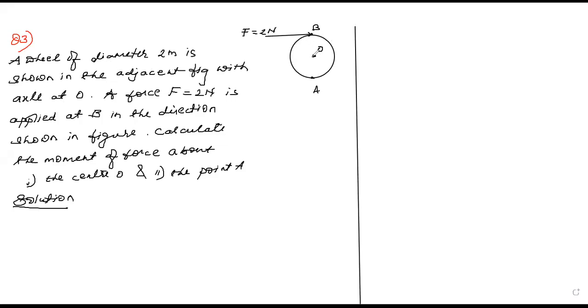The wheel will rotate on the axle. So a wheel of diameter 2 meter is shown in the adjacent figure with axle at O. Now, a force F equals 2 Newton is applied at point B. If the force is applied, how will the wheel move? The wheel will not go ahead. A force F of 2 Newton is applied at B in the direction as shown in the figure. You can see the arrow in this direction. Now calculate the moment of force about the center O.